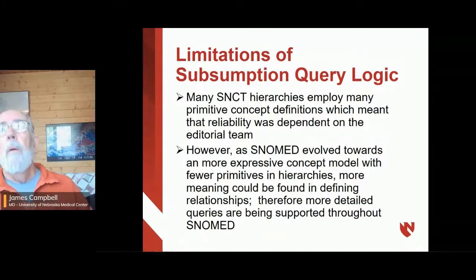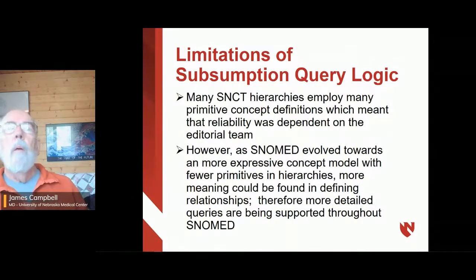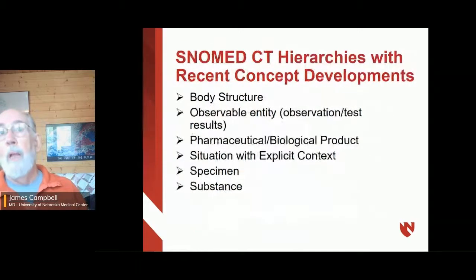But back at that time, at least, many SNOMED CT hierarchies were not well developed yet. They didn't have a well-defined concept model. But in the intervening decade, the SNOMED editorial team has been very busy, and the concept model has been evolving and expanding. And SNOMED CT knowledge structures are becoming much more reliable.